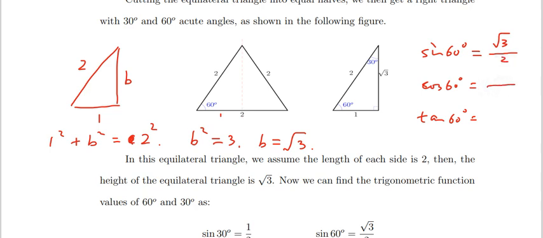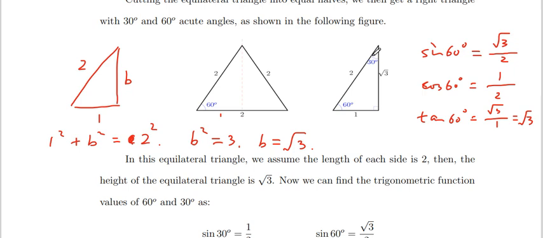Cosine is adjacent 1 over 2, right? Tangent is radical 3 over 1, so just radical 3. So that's the 60 degree. And how about 30 degree?